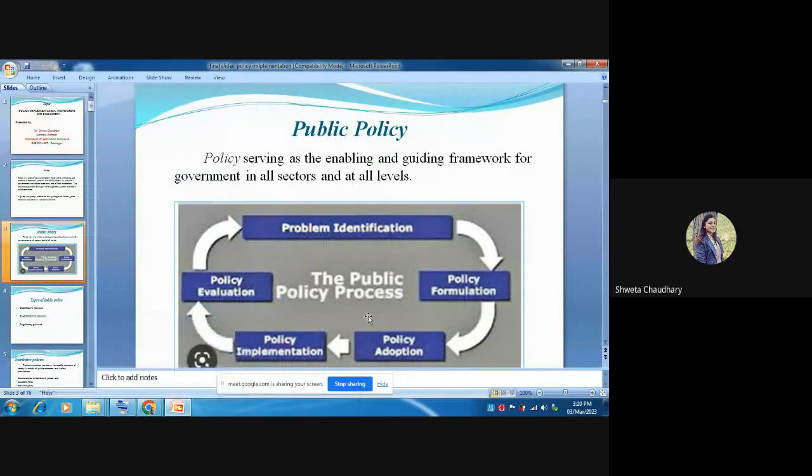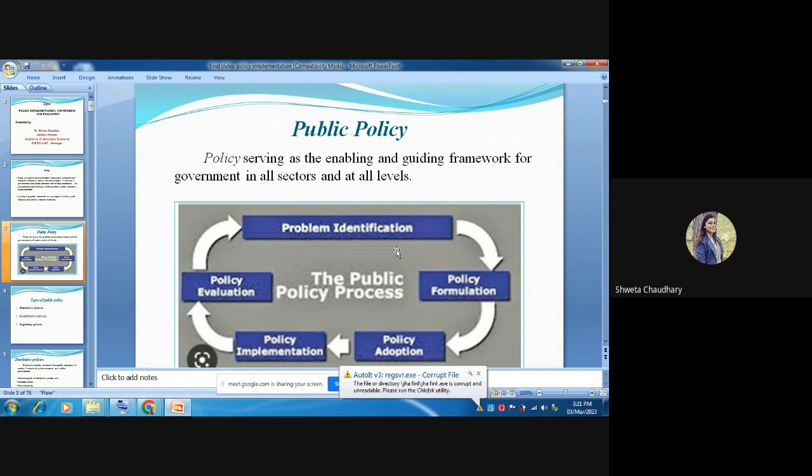So different problems can be identified. It can be health issues. See, what is the Human Development Index? The Human Development Index measures the average achievements in basic dimensions of human life, like better education, better health, better standard of living.